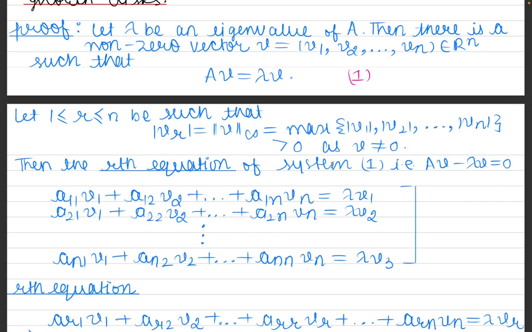It will be AR1 V1 plus... and that is, you consider this system AV minus lambda V is 0. So what will be this system? Like the rth equation. Okay, let us write one by one.